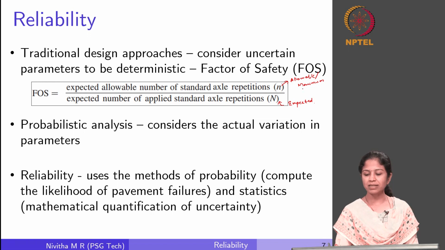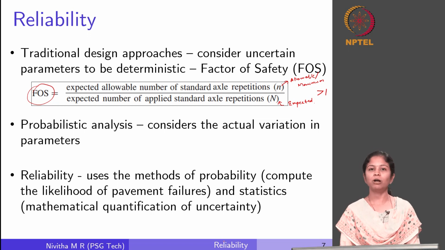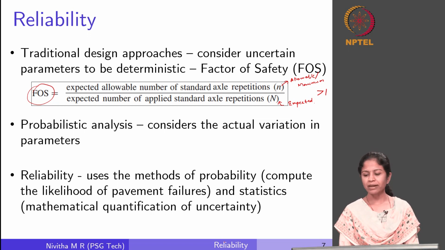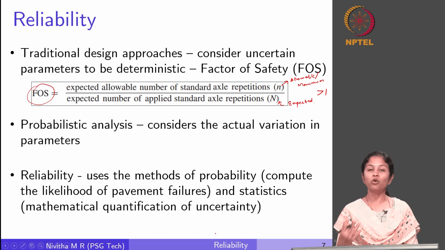So, I divide this, I get a parameter called a factor of safety, and it should always be greater than 1. If we want to be more sure that the system should not fail at all, then we resort to using a higher factor of safety value.